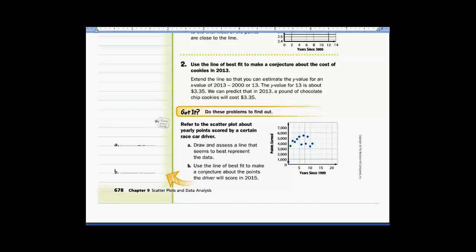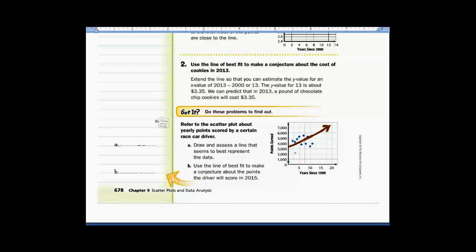So I would probably start somewhere in here and draw a line. Now if I had a ruler up here on the smartboard, that would be a little bit straighter. But again, it goes through the center of them, not necessarily the most. You will have about the same number above and below.